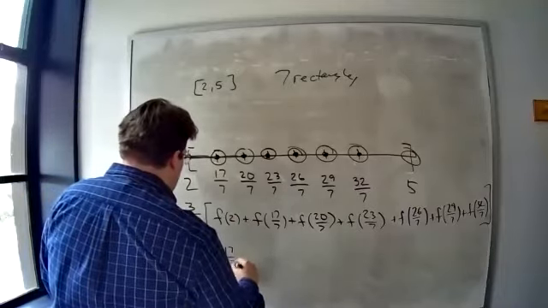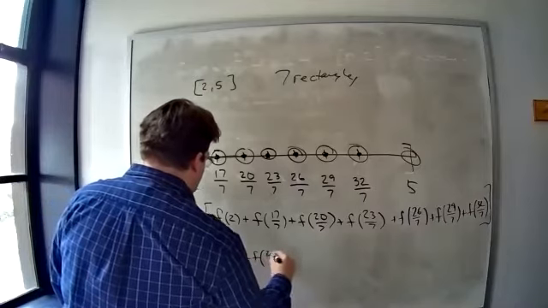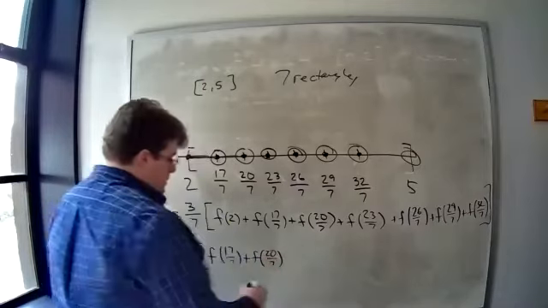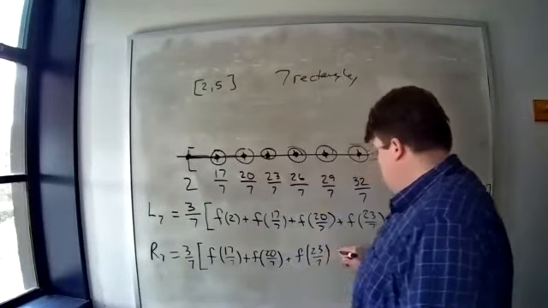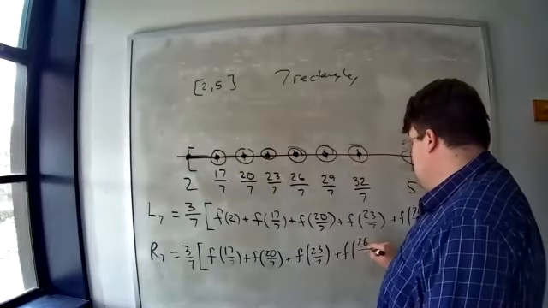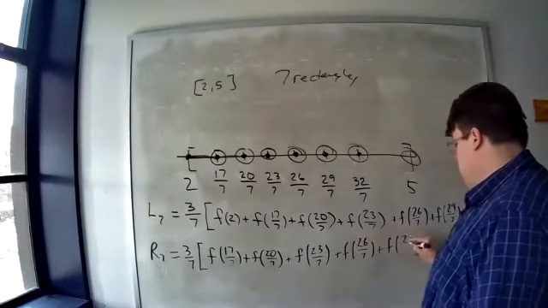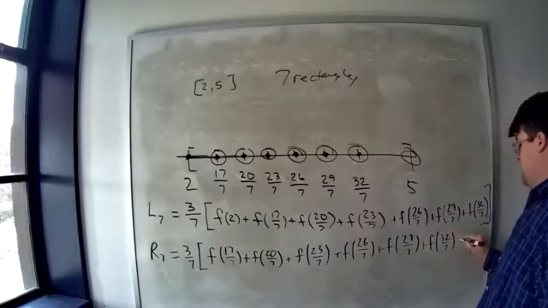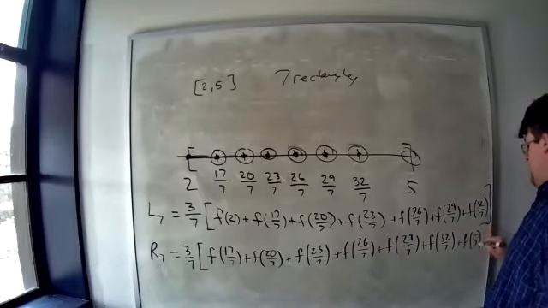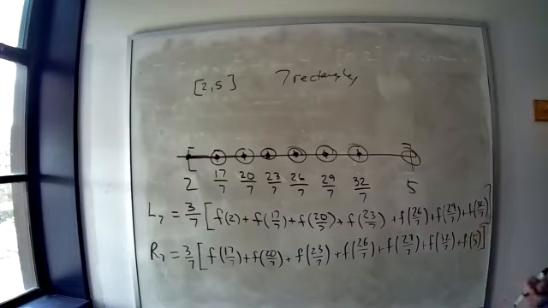So f at 17/7 plus f at 20/7 plus f at 23/7 plus f at 26/7 plus f at 29/7 plus f at 32/7 plus f at the last one, 35/7, which is 5.